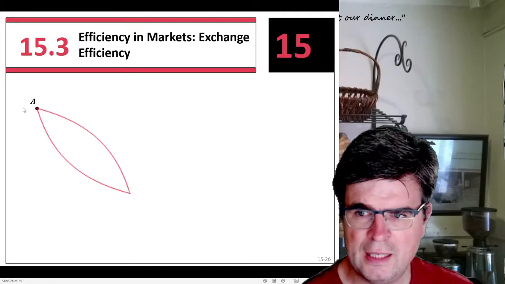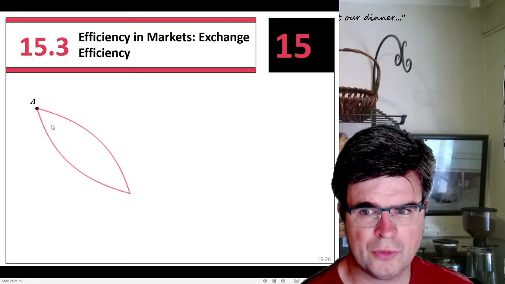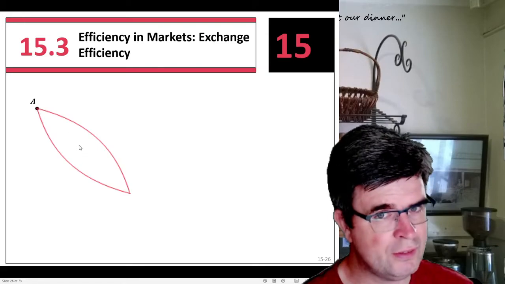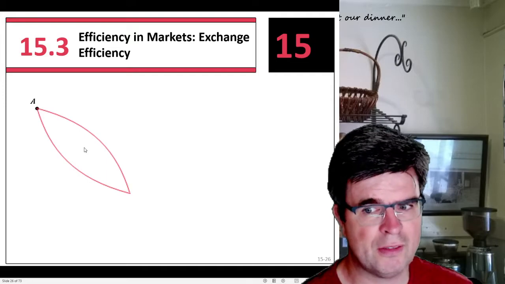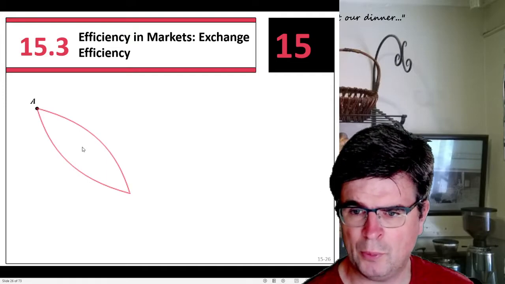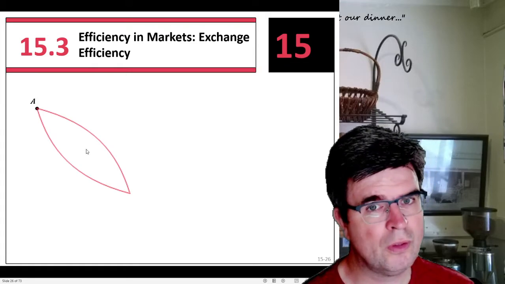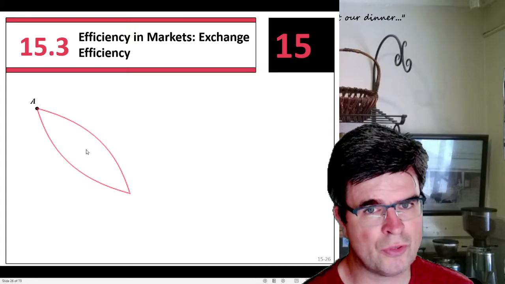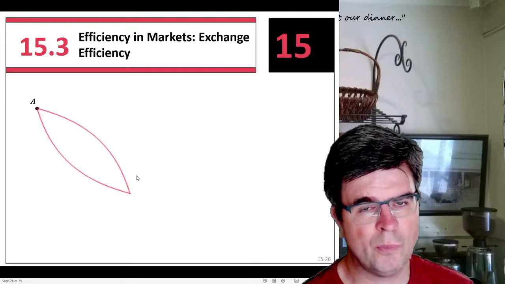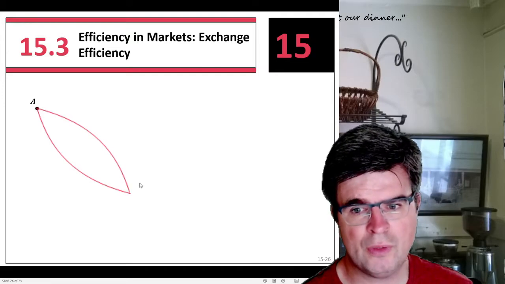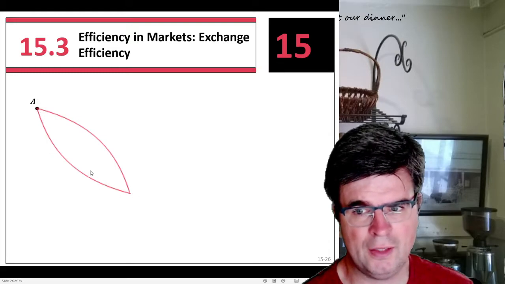And you readily see that if instead of allocation A, Bob and Alice would reach an allocation that is within these two indifference curves, then both of them would arrive at a higher indifference curve. So if you look at the point where the arrow now is, and you would draw the indifference curve of Alice that runs through this point, then that indifference curve would be one associated with a higher utility level than the initial indifference curve. And the same for Bob.